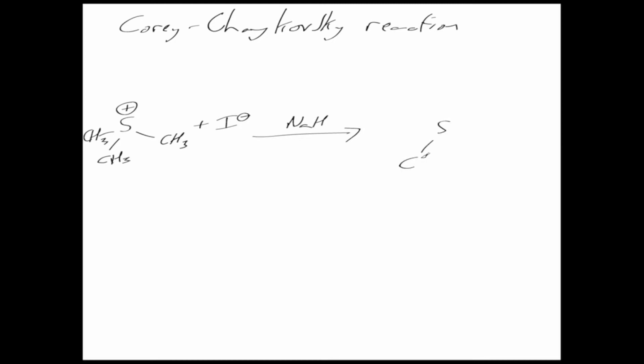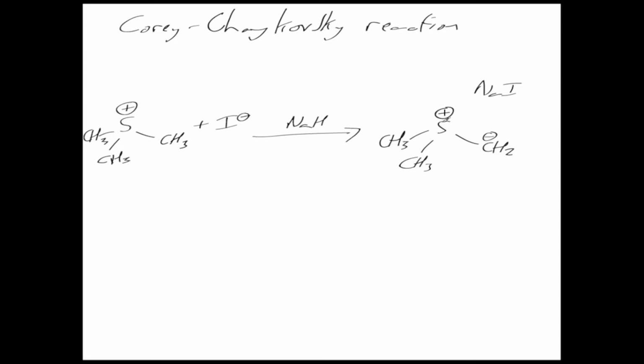I wouldn't say that that's stable, but stable enough to exist, to react with. So that'd be CH2 and a minus charge there on the carbon. And then you've got sodium iodide floating around in solution.